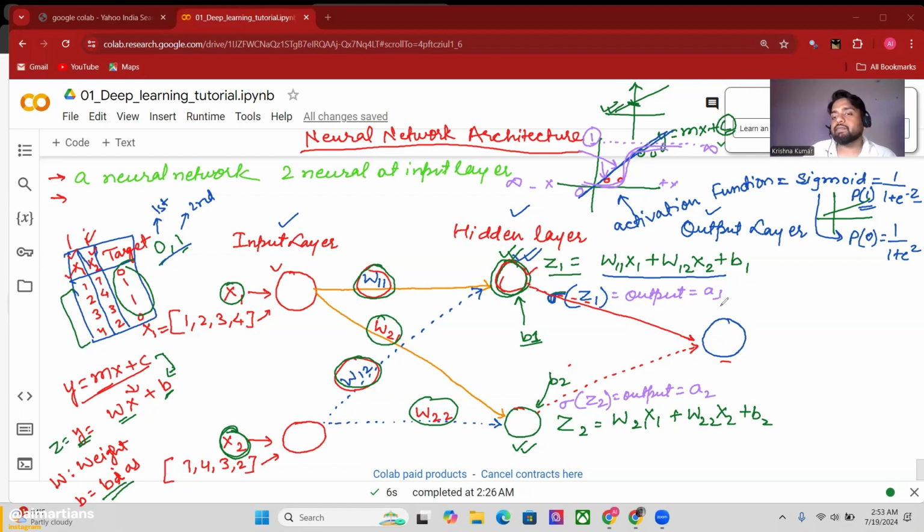In this case, the output of this activation function, which is a1, will pass to this neuron. Here we were passing x to this neuron. Now this is also a neuron. So what can we pass here? Here we were passing x, but here we do not have anything. We have an output, that is a1. We will pass this a1 to this neuron. Simple. Similarly, here we don't have anything.